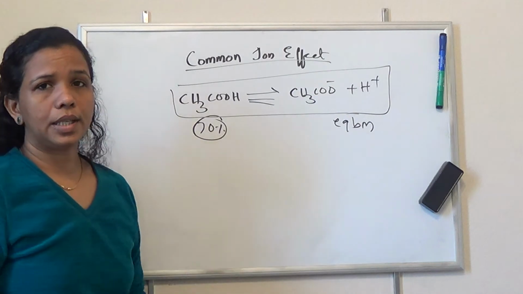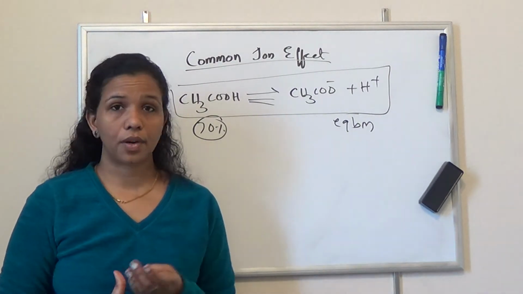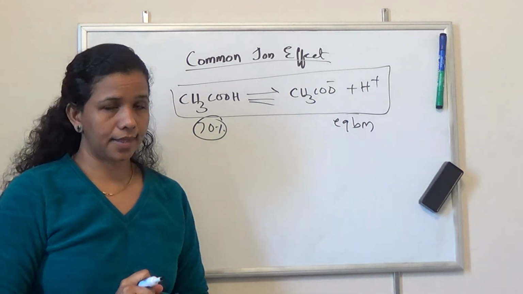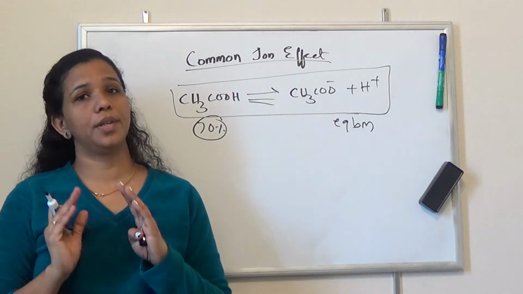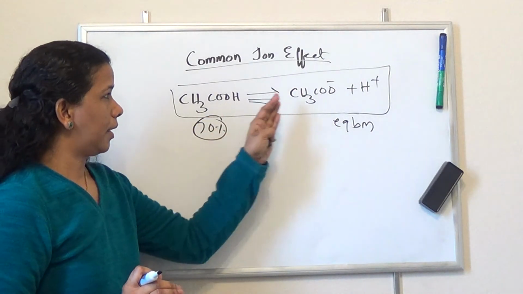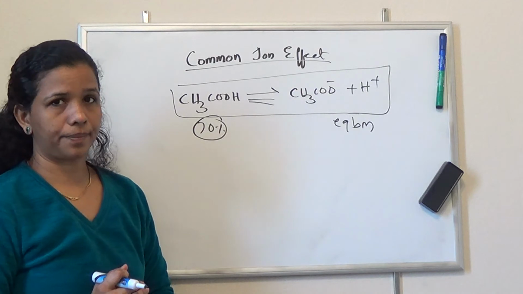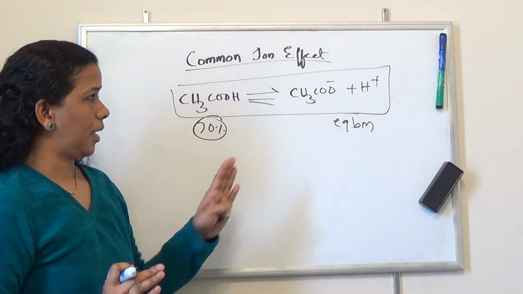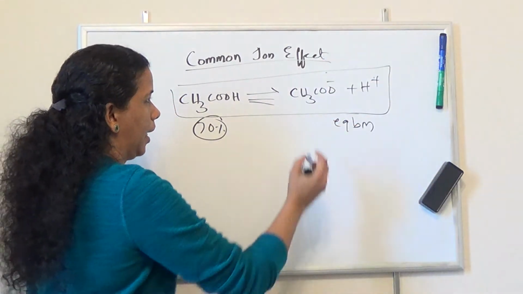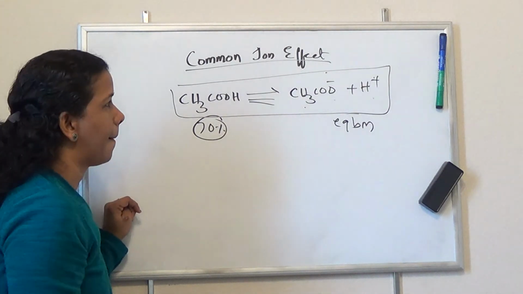We already learned that for a system at equilibrium, if we try to change any one of its properties like pressure, volume, temperature, concentration, the system will try to nullify that change. Here there are CH3COO minus, H plus ions and acetic acid. If we add one of these ions, either CH3COO minus or H plus, what will happen?